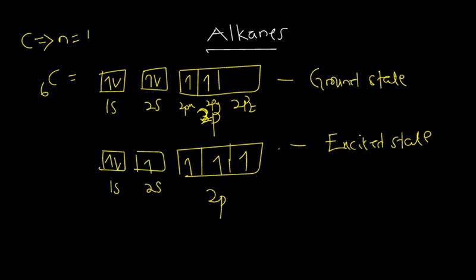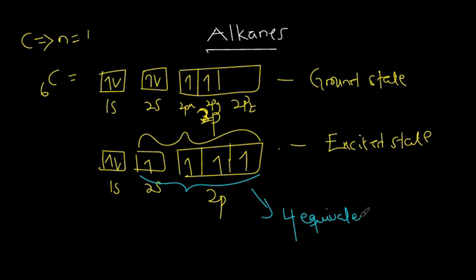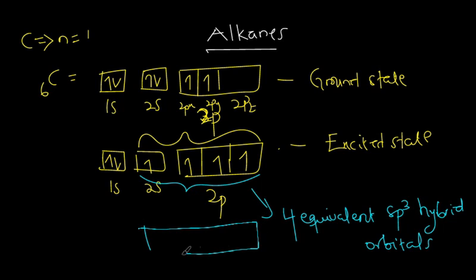If we combine these orbitals, which are the ones we have over here, then we get 4 equivalent sp3 hybrid orbitals, which means if we combine everything we have over here, we'll have 4 orbitals, and they should be the same.